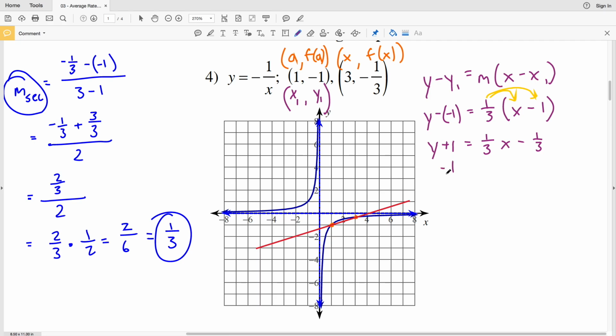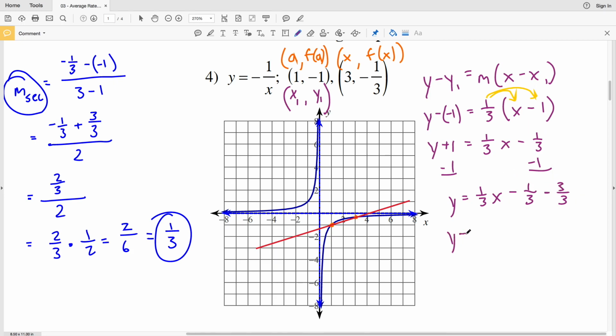Next, I'm going to be subtracting 1 from both sides, so I'll have y equal to 1/3 x minus 1/3 minus 1. But as opposed to writing that as subtracting 1, I'm going to write that as subtracting 3 over 3 so that I can combine 1/3 with 1.